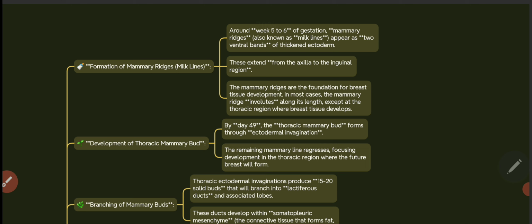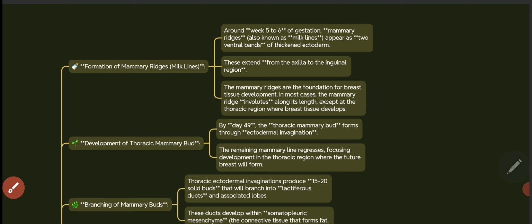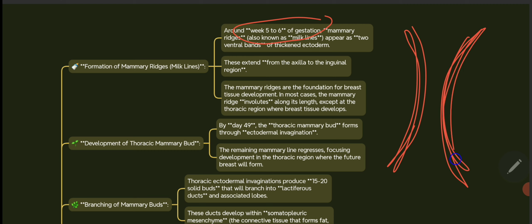Formation of the mammary ridges happens around week 5 to 6 of the gestation. The mammary ridges, or milk lines, appear as two vertical bands of thickened ectoderm.